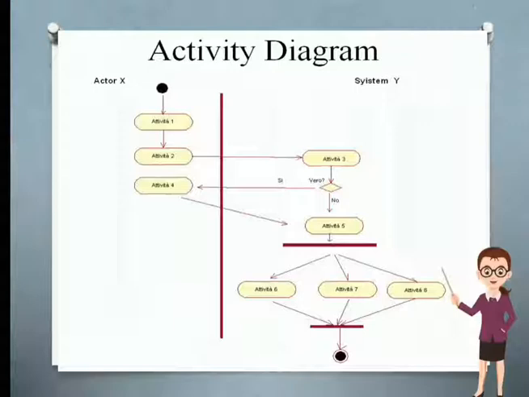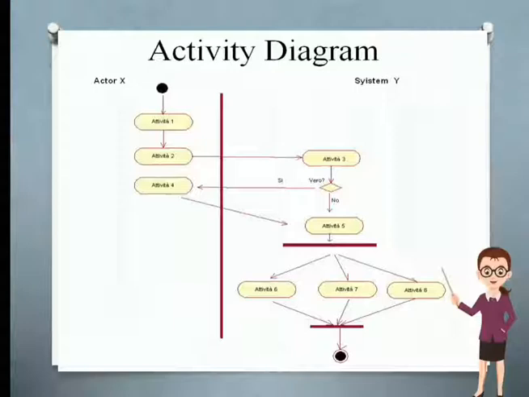Actor X performs their own specific activities, and those are represented in actor X's lane, whereas actor Y performs different activities, and those are represented in actor Y's lane. So specific activities are represented in their own lane, and that's why this is known as a swim lane activity diagram. These are the important terms that are used in the activity diagram.